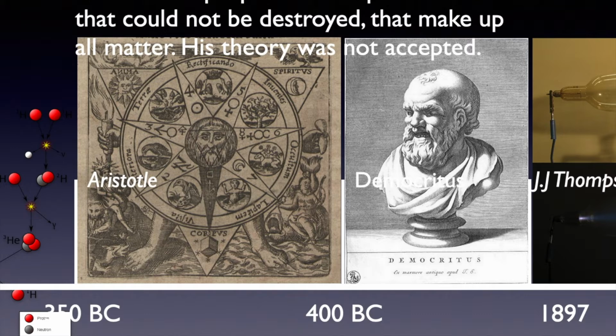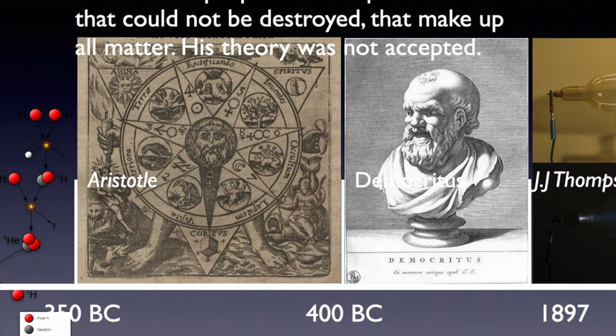Now, along came Democritus, all right? Now, he proposed, there's a little statue here partially of him, and in 400 BC he proposed that there are very small particles that could not be destroyed and that make up all matter.